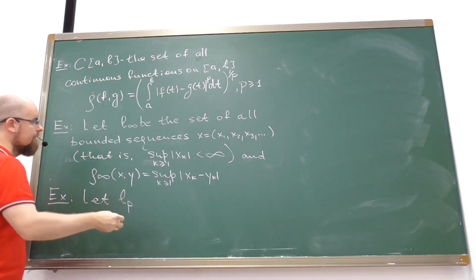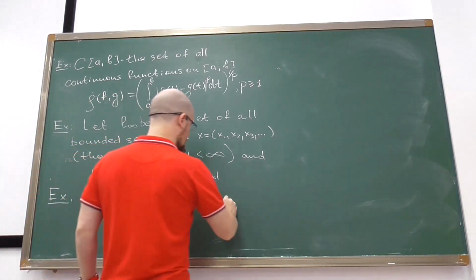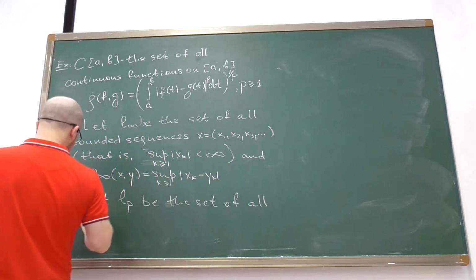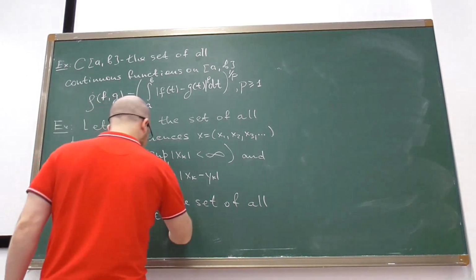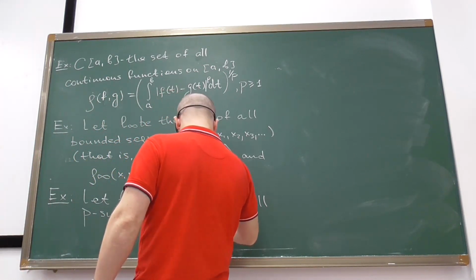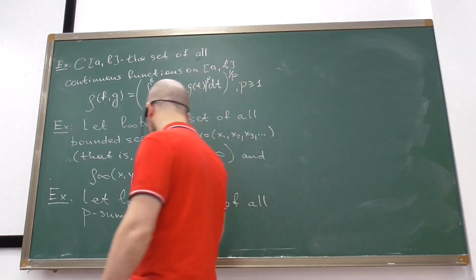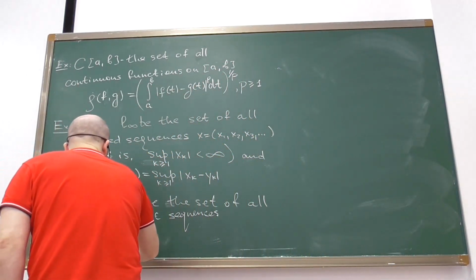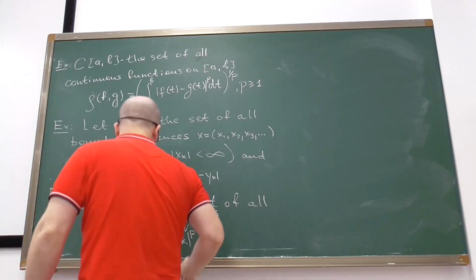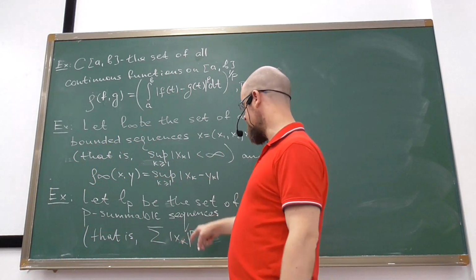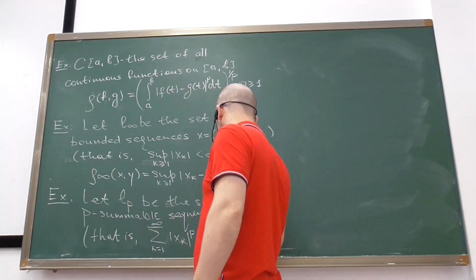Let l_p be the set of all p-summable sequences, which means that if we take every coordinate of this sequence, raise the absolute value of x_k to the power of p, and then sum over all indices, then this number is finite.